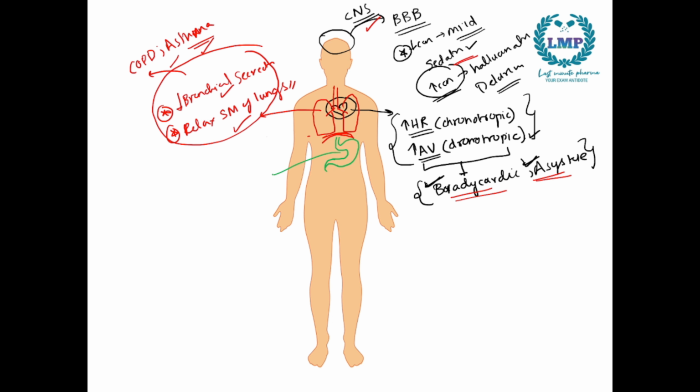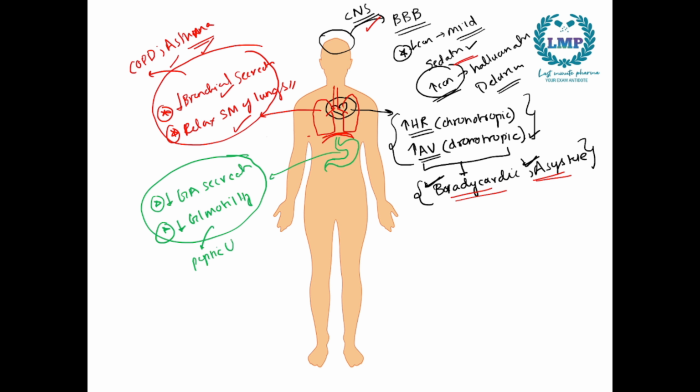This drug is going to inhibit gastric acid. Again, secretions, right? So it's going to reduce the gastric acid secretion, and it is also going to reduce the GI motility. Because of this property, it is used in peptic ulcer.